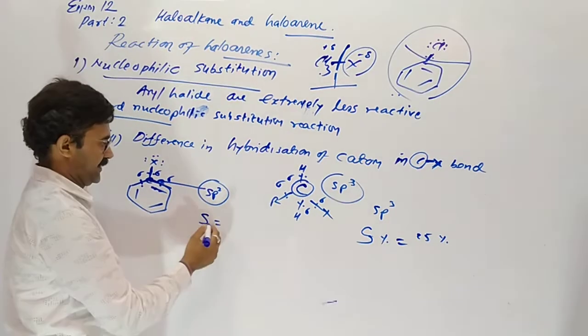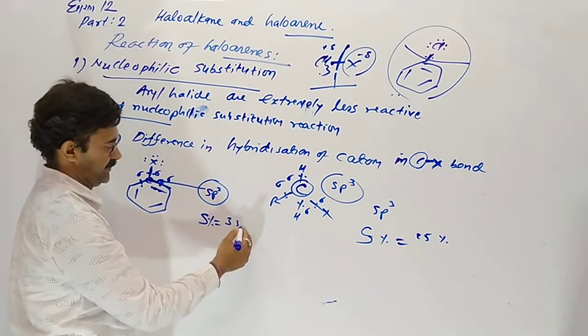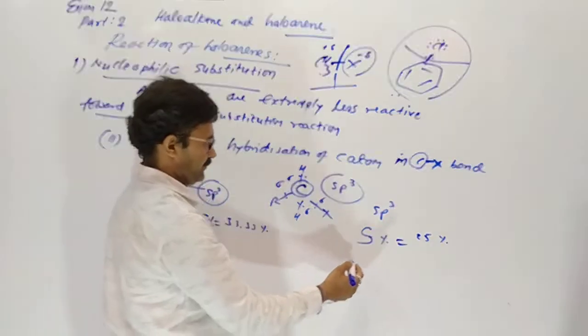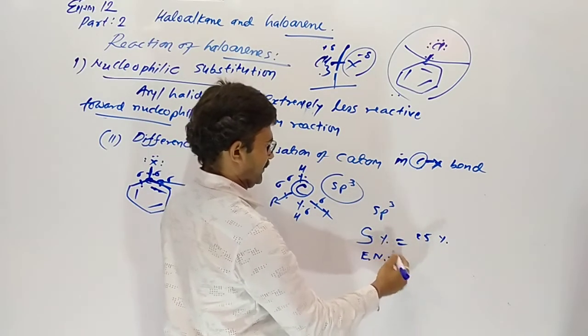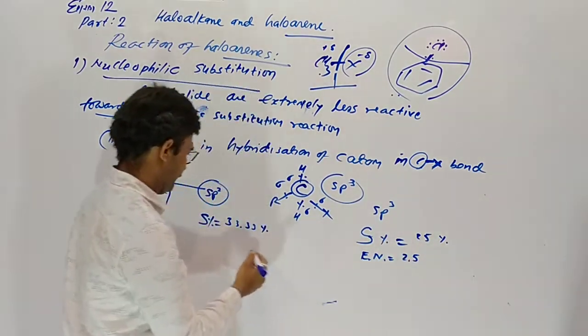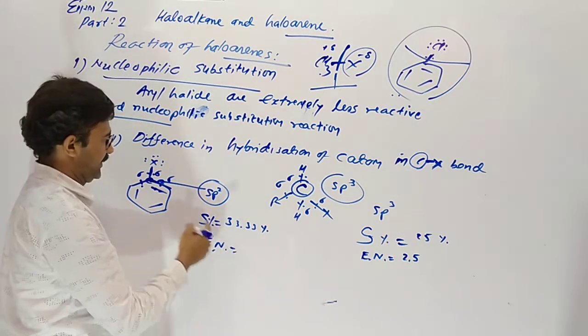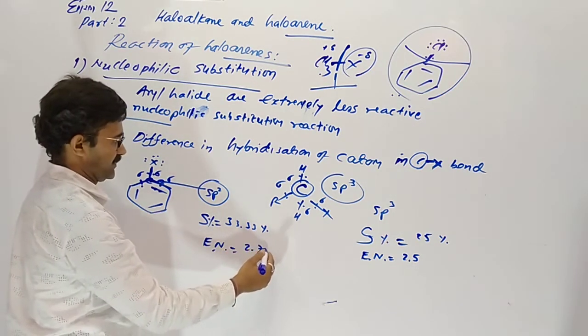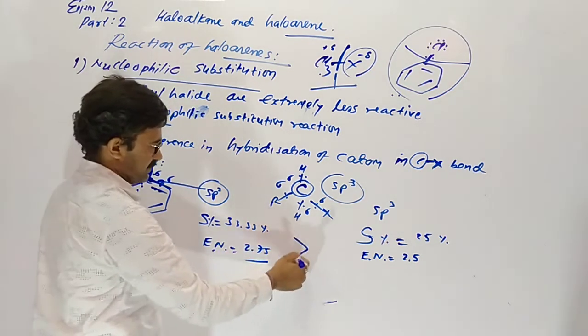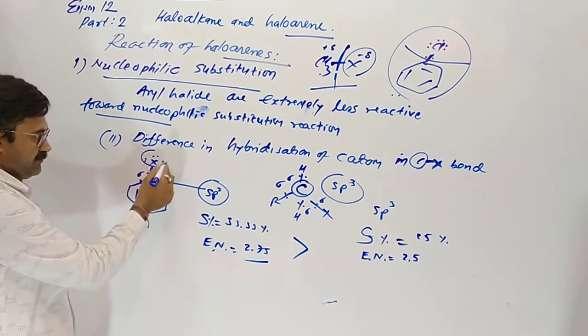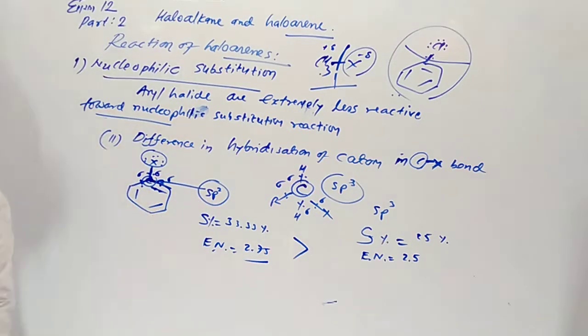In sp2, the character of s is 33.33%. So the electronegativity of this carbon is 2.5, here the electronegativity is 2.75. So this one is more electronegative, and the bond between carbon and halogen is stronger.